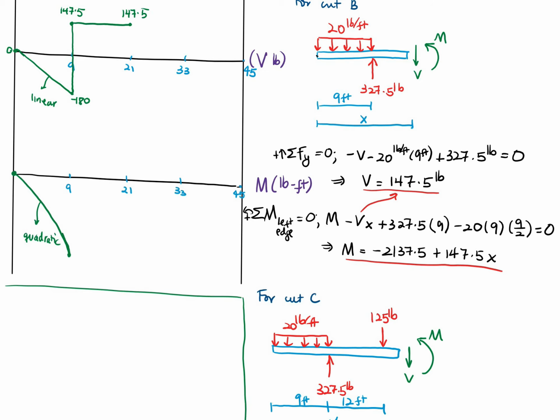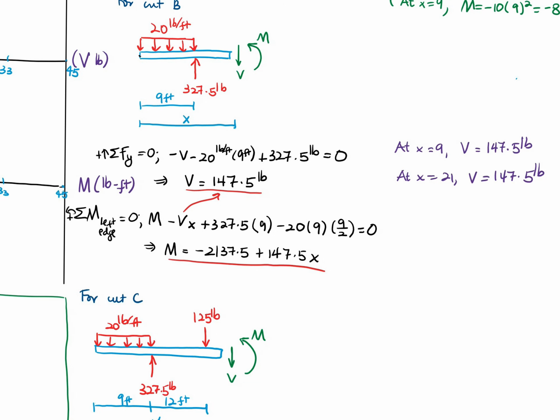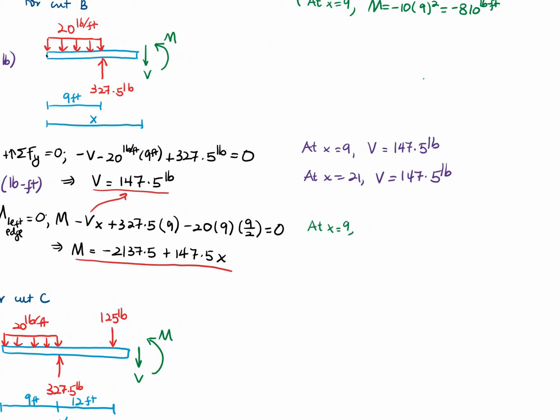That just gives you a straight line across. Alright, and then going to moment, at x equals 9, M equals negative 2137.5 plus 147.5 times 9, and that gives me negative 810 pound-feet.